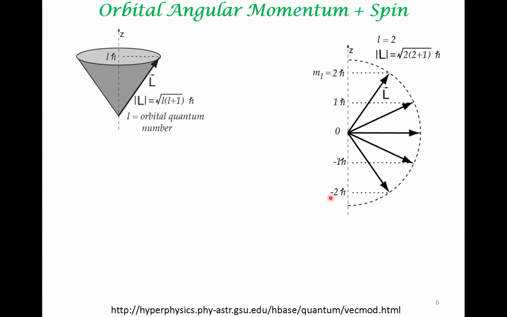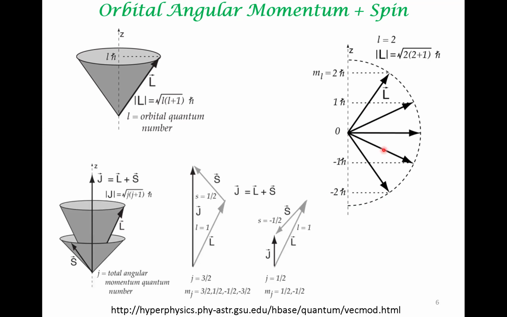So all these things are connected to what you've seen from your high school, right? That is, the d orbital has L equal to 2, and it can take 5 possible d orbital structures, right? And each of these orbitals has a certain angular momentum along the z-axis. So that is what is shown here.